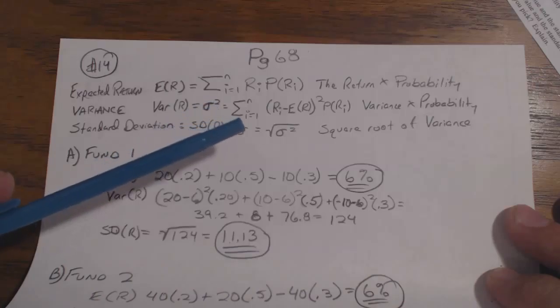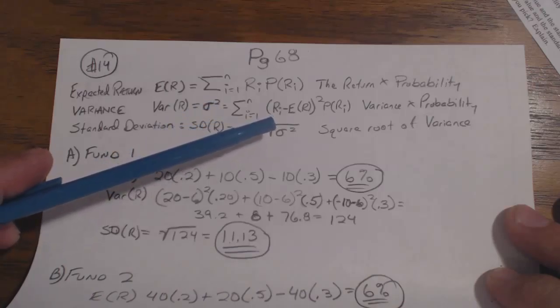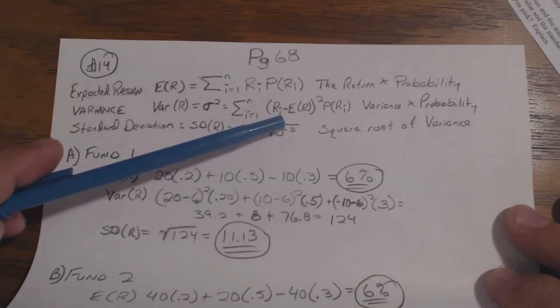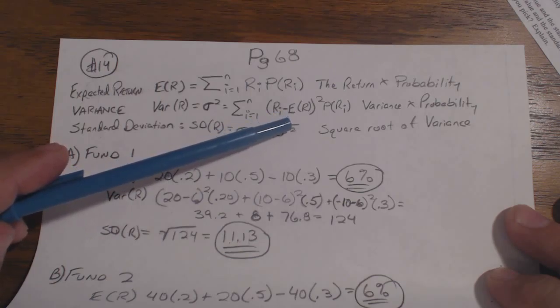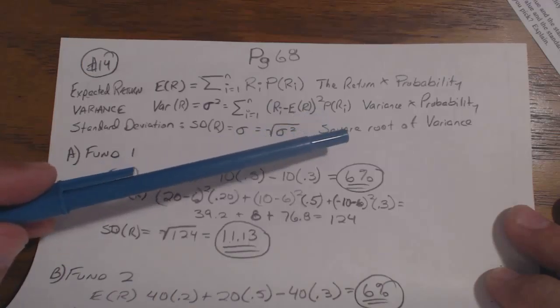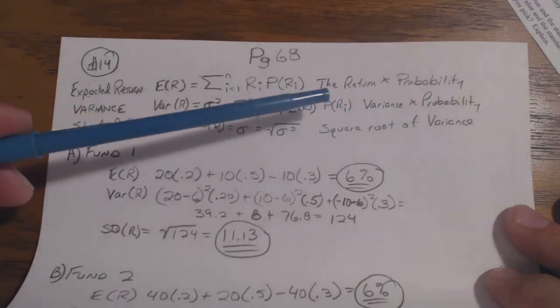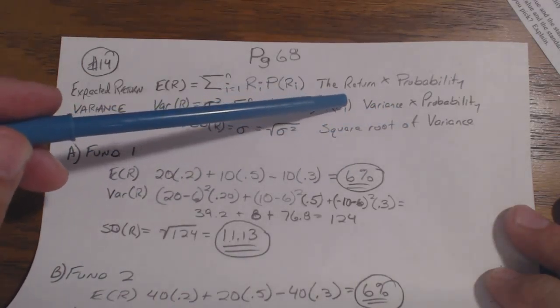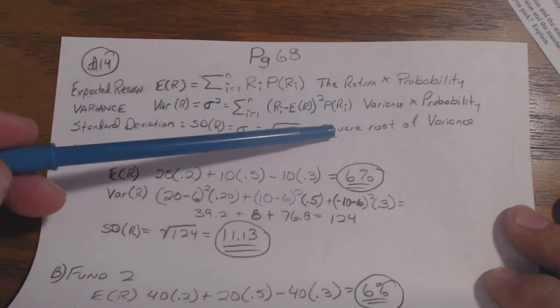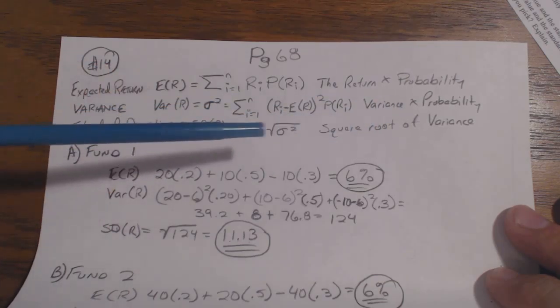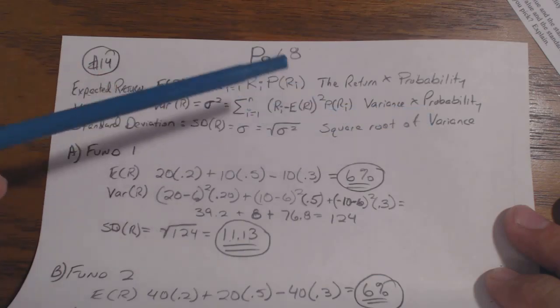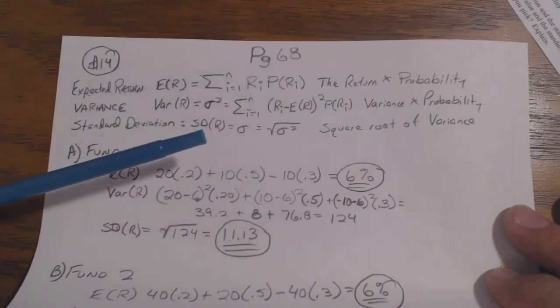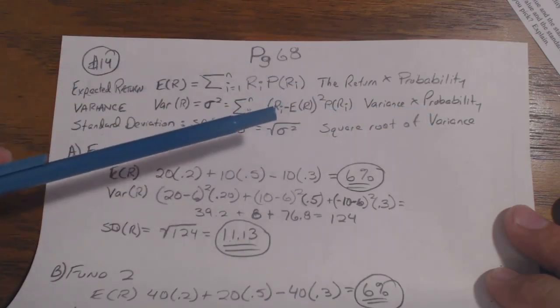Basically, you're just taking the sum of the returns minus the expected return squared times the probability. So in the first one, it's just the return times the probability. The second time, for the variance, it's just the squared deviation times the probability. And remember, for the standard deviation, you're just taking the square root of the variance.